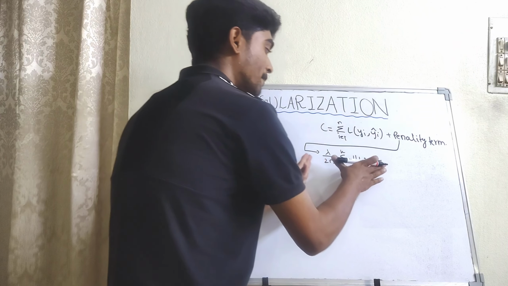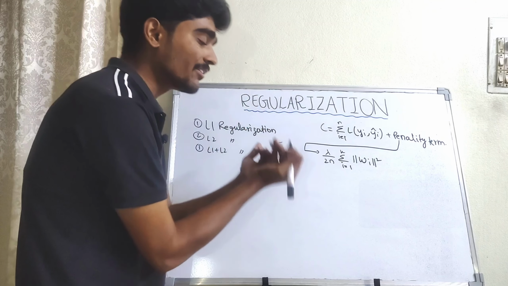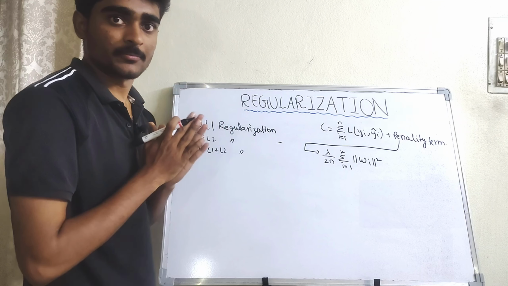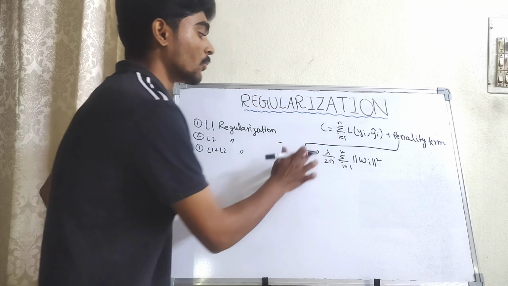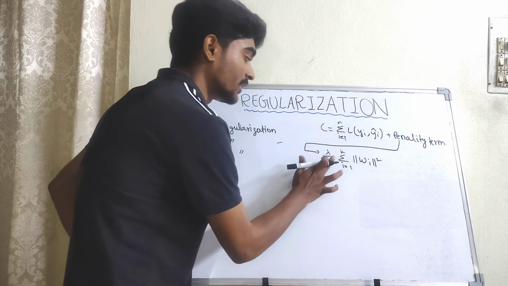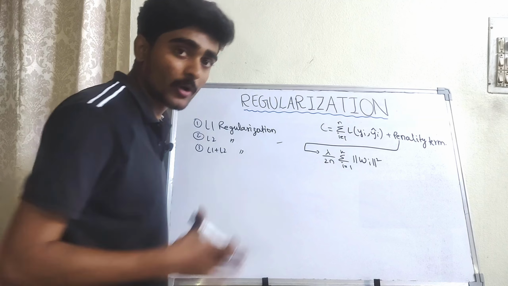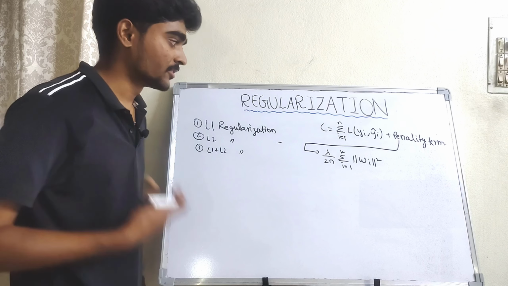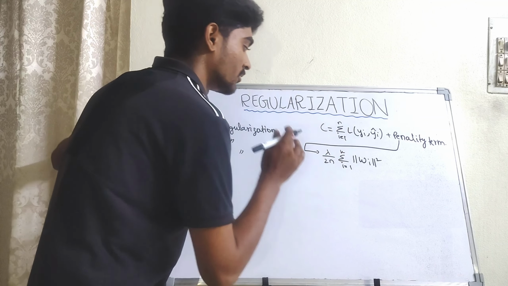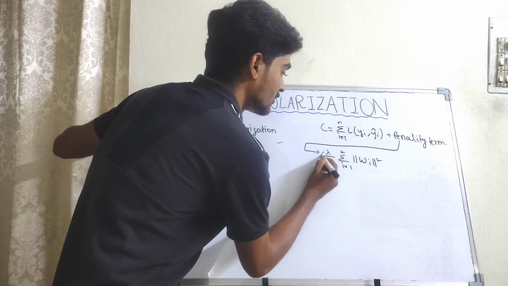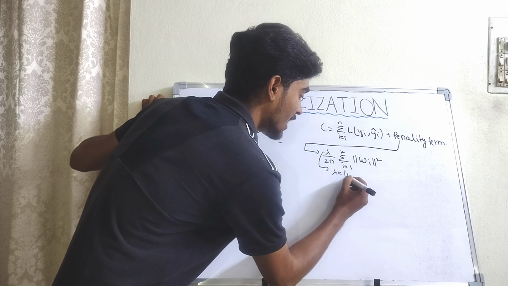This is the penalty term I'll be adding to the cost function so that my weight values will be diminished. In this term you may have various doubts: what is this lambda value, what is this n, what is this k, and how by adding this term I am able to decrease the values of the weights. Let's see what these new variables are. Lambda is nothing but a hyperparameter.